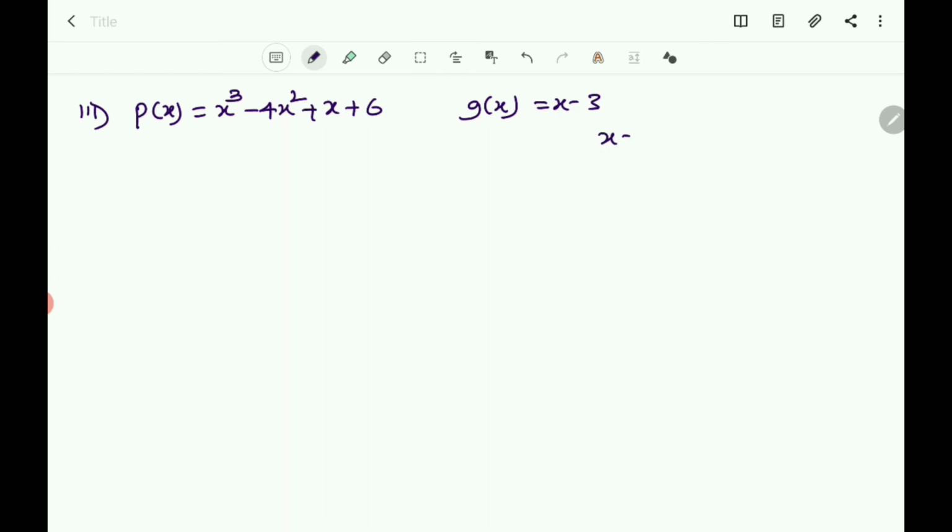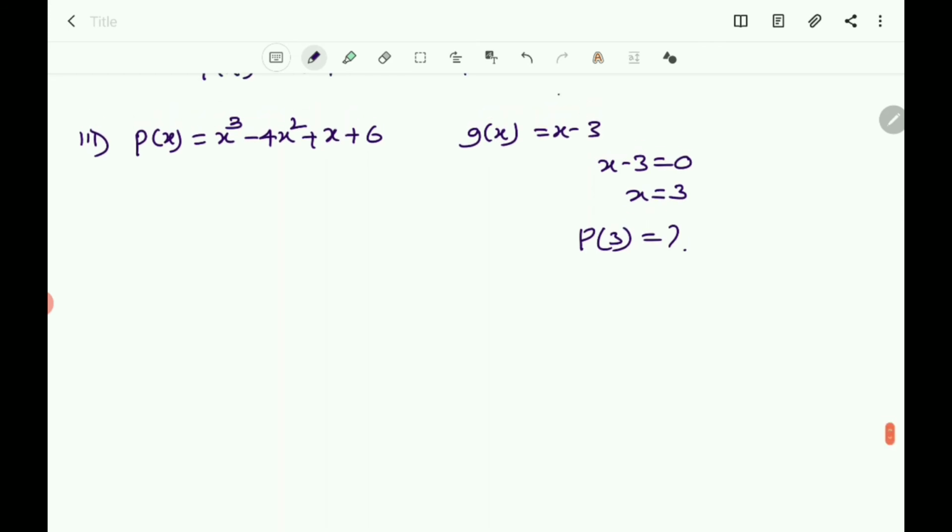So we have x minus 3 equals 0. So x equals 3 you take. So that is p of 3. Here that is x minus a, where a is equals to 3. So what you have to find out here? p of 3.